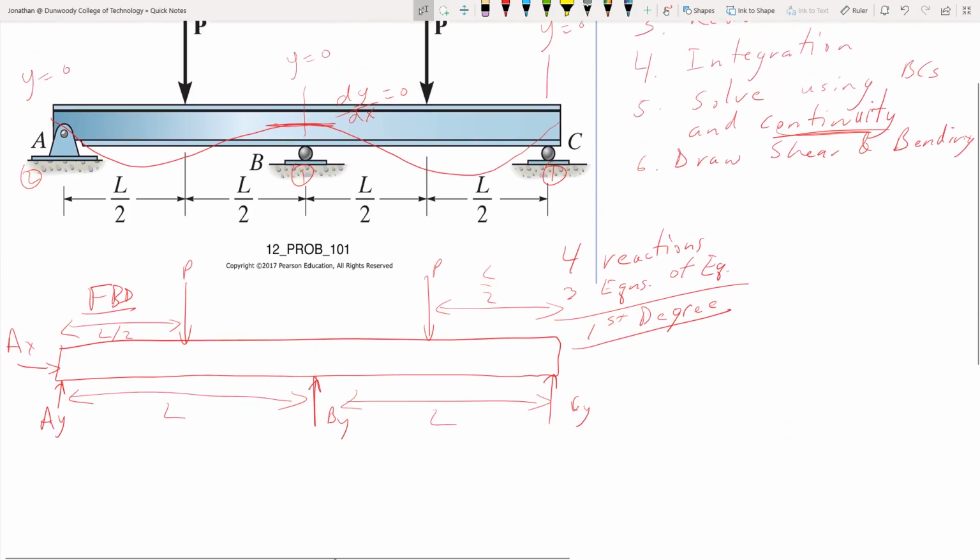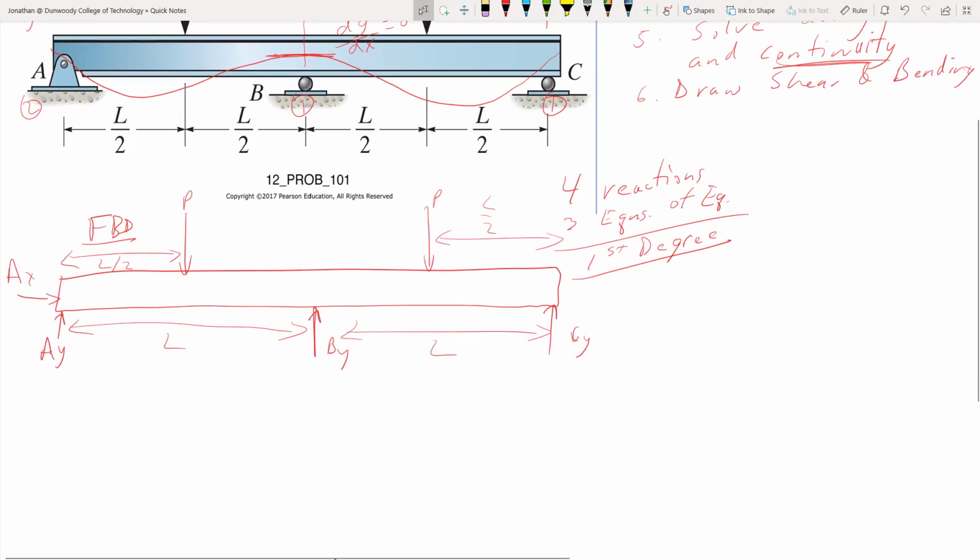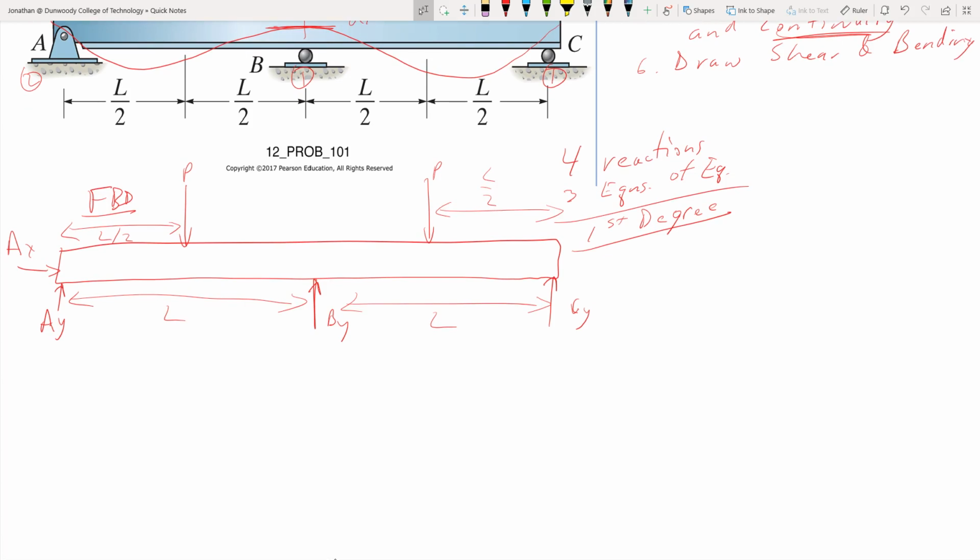Alright, so what do we have going on? Well, let's see. We're going to use our equations of equilibrium and our deflection piece. So our support reactions using equations of equilibrium. Start with the easy one.